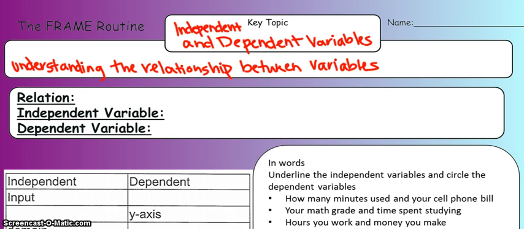dependent variable. Alright, relation. When one thing depends on another, comma, they form a relation.